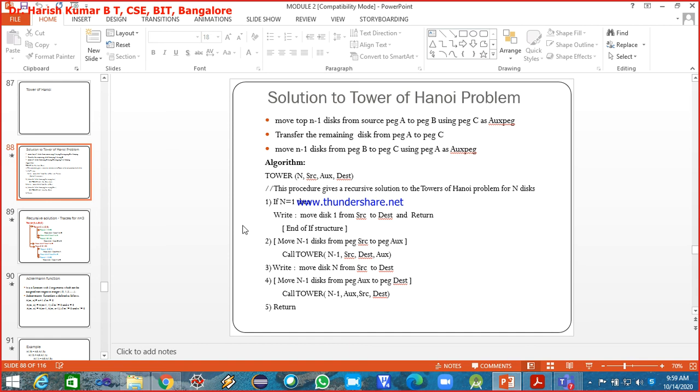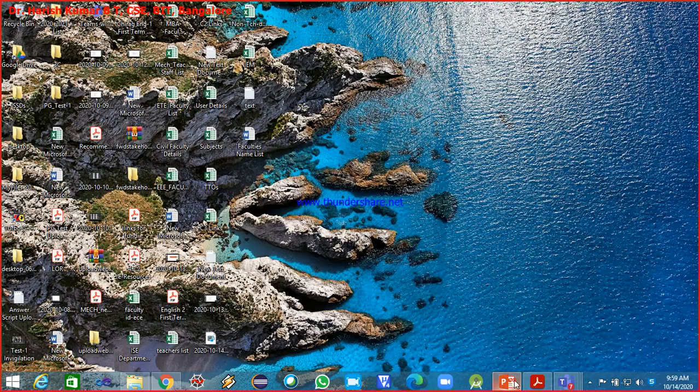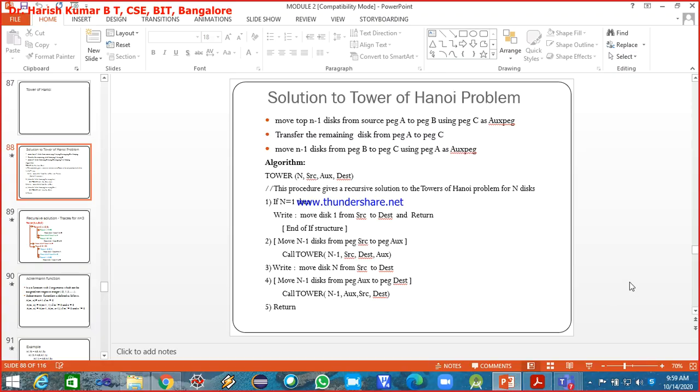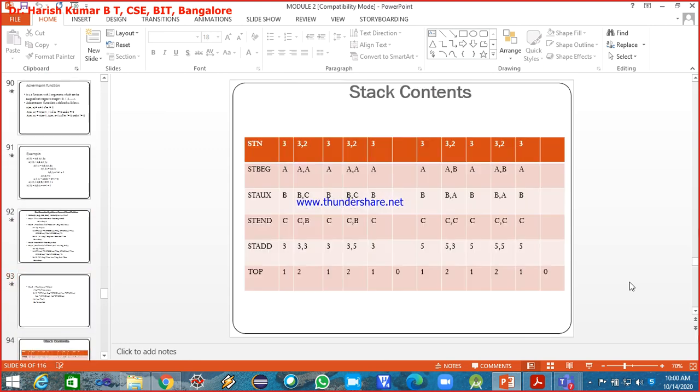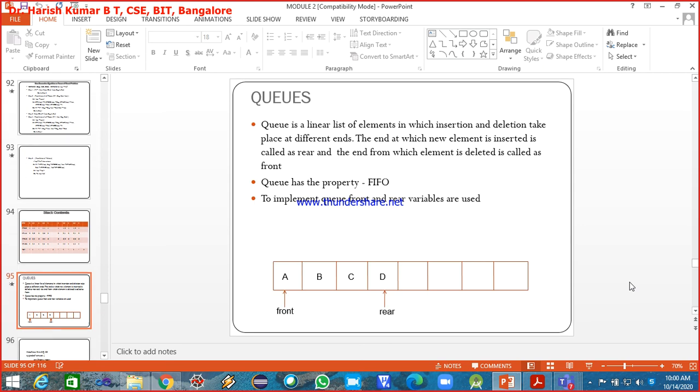And I think after this, soon we will be getting into the queues. So after this Ackermann function, we are going to start one more data structure, queues, and if I complete queues, module 2 will be done, and then we can get into module 3, that is linked list.